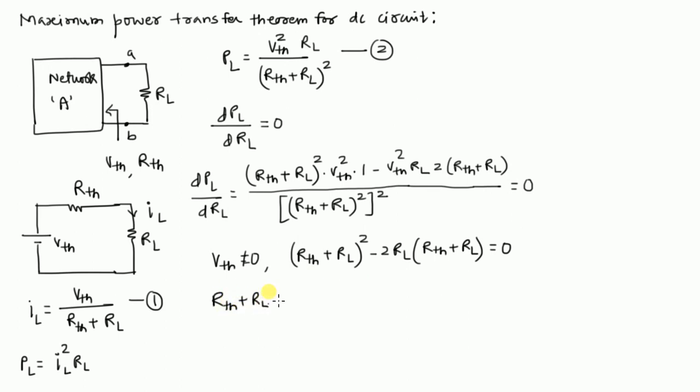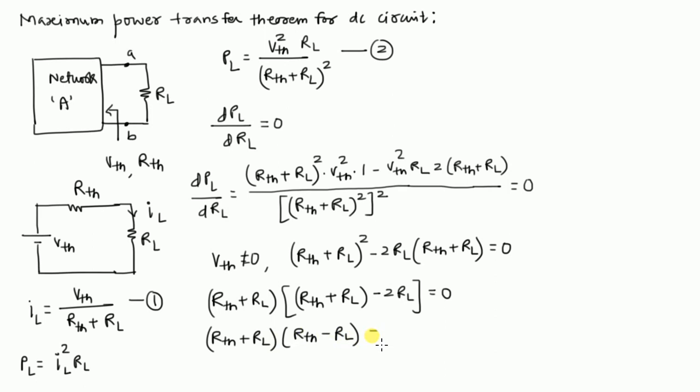Now taking RTH plus RL common from the two terms, then we have (RTH plus RL) minus twice RL equal to 0. So this will give (RTH plus RL) into (RTH minus RL). Now RTH plus RL cannot be 0. It means RTH minus RL is 0 or RL is RTH.